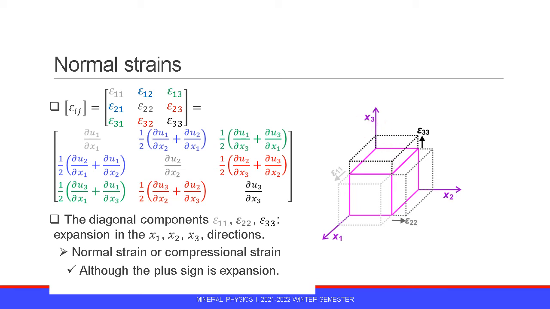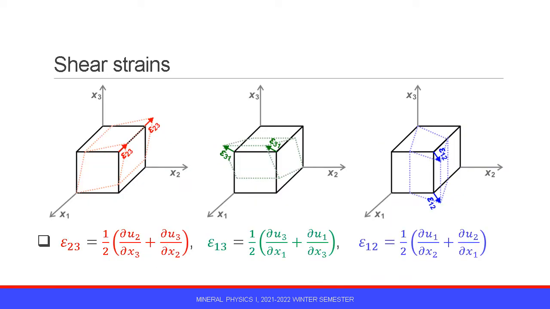So the normal strains are also referred to as compressional strain. However, in contrast to that name, the plus sign means the expansion of the body. In contrast to the normal strains, the non-diagonal components epsilon 23, epsilon 13, and epsilon 12 express the shear strain.